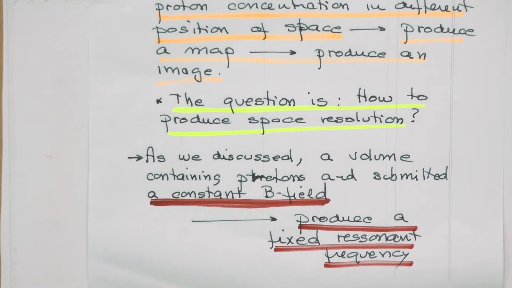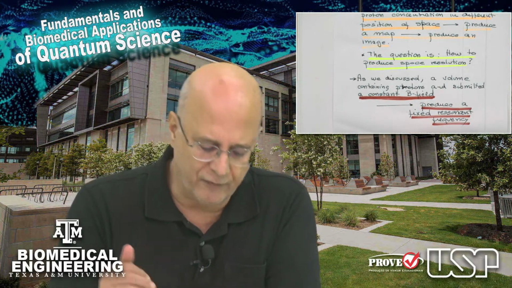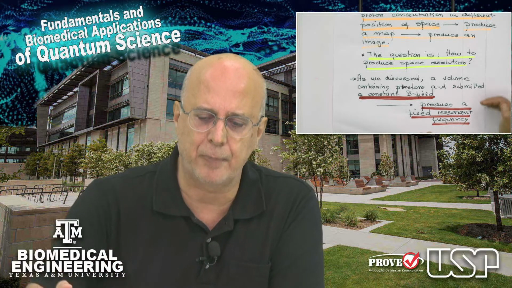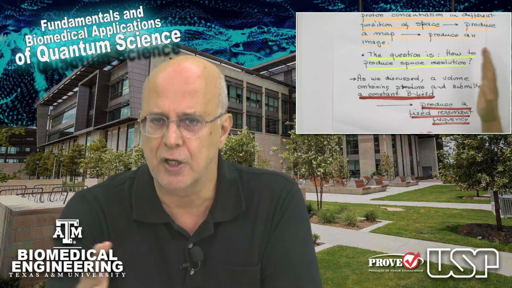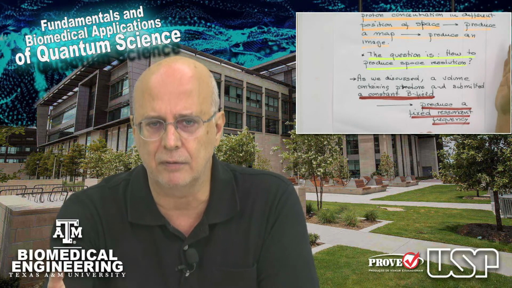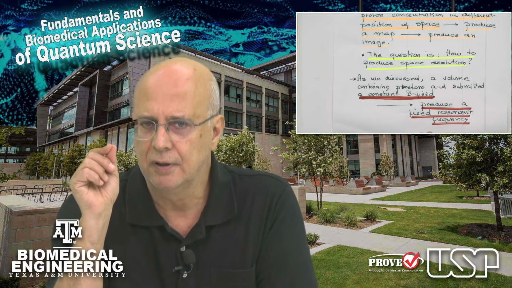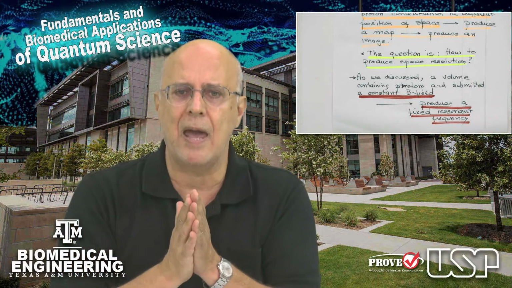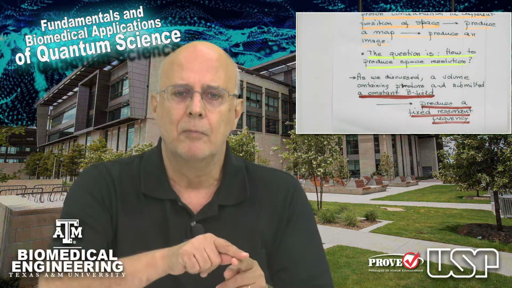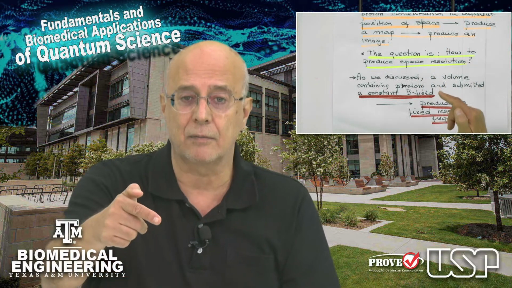What if I produce a different field in different parts of the space? Then I am differentiating the space depending on the hydrogen present. I measure for each field the frequency and the absorption, so I can map without going there, but making sure I know the field at that position. I can do the magnetic resonance.